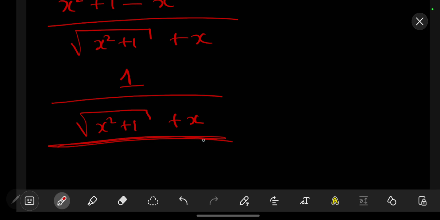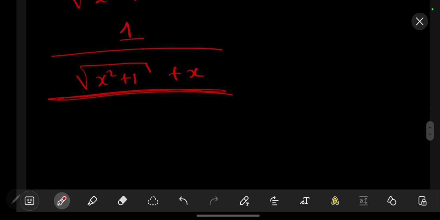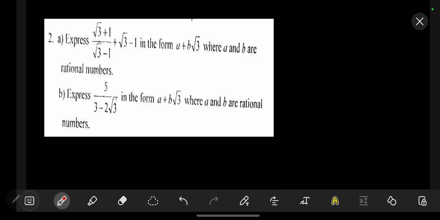So this means we have found the conjugate and we have rationalized the denominator. So we are just remaining with 2 problems to close this video.